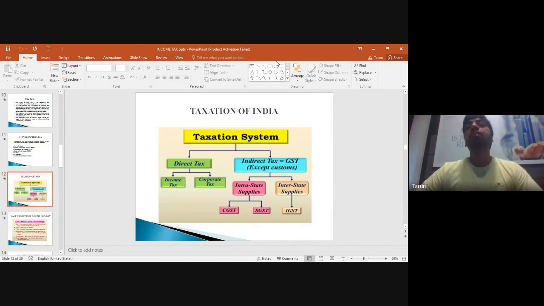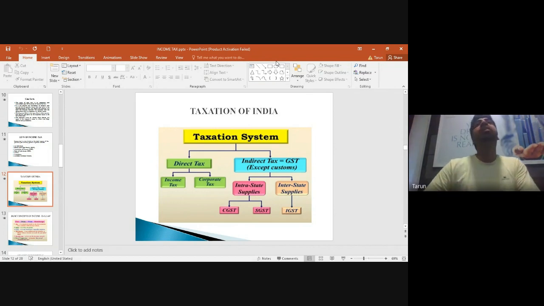When we talk about indirect taxes, they always include GST and exclude custom taxes. They are categorized into two forms, intrastate supplies and interstate supplies. The question arises: what is the meaning of these two words? For intrastate supplies, let's take an example.